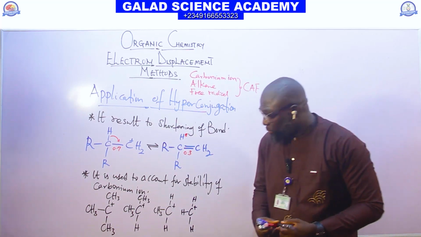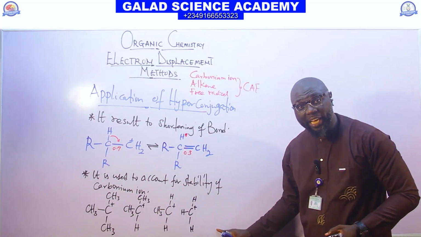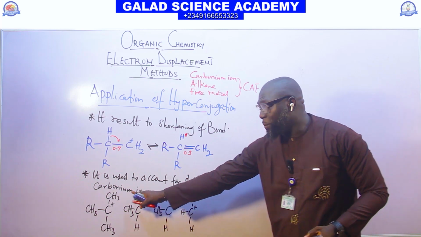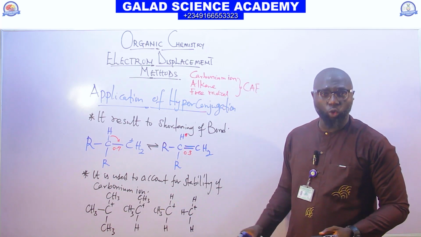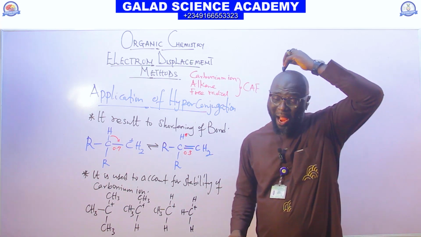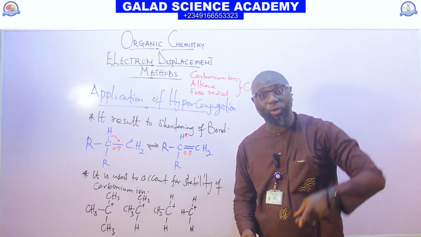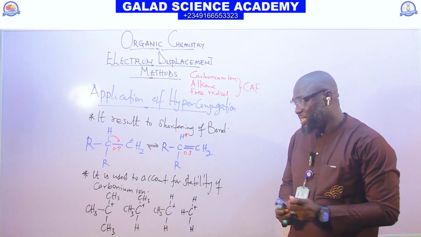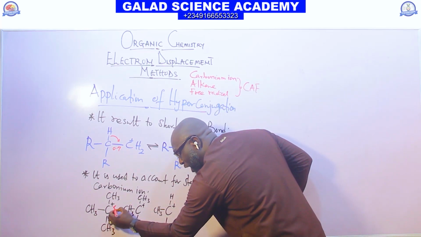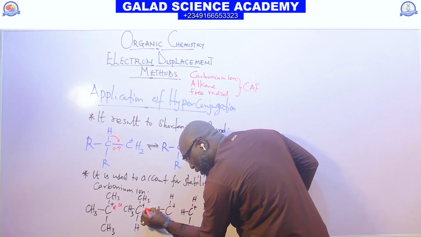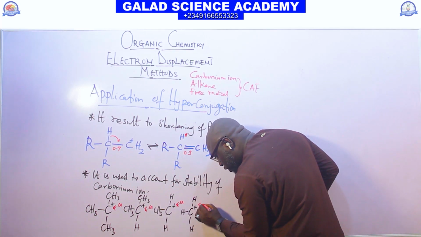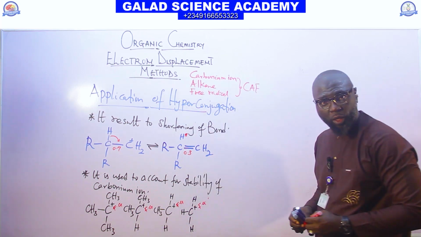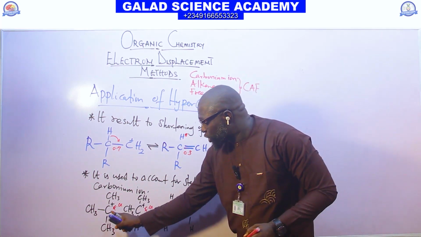Look at this. All these compounds are carbonium ions, carbon that contain positive ions. Please don't forget my alpha hydrogen and alpha carbon. This carbon here is the functional group.